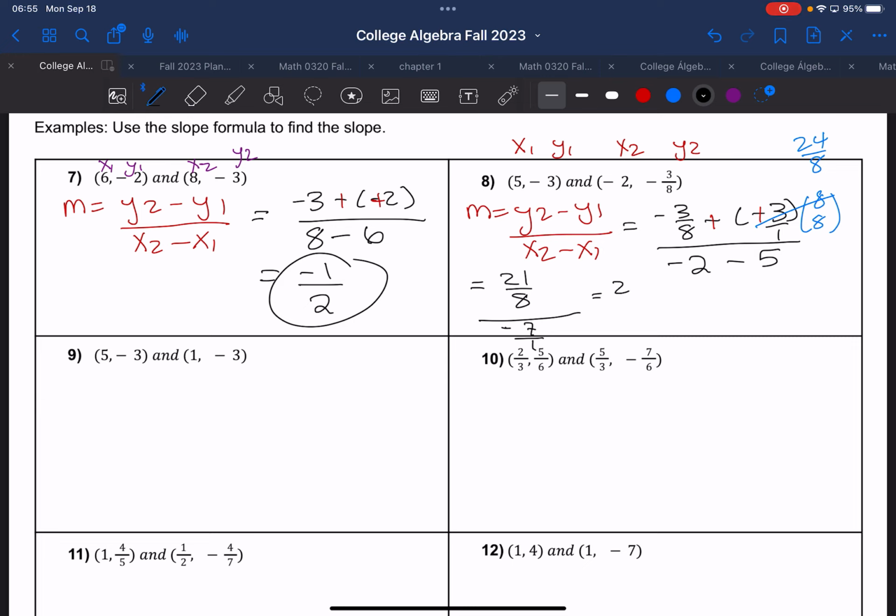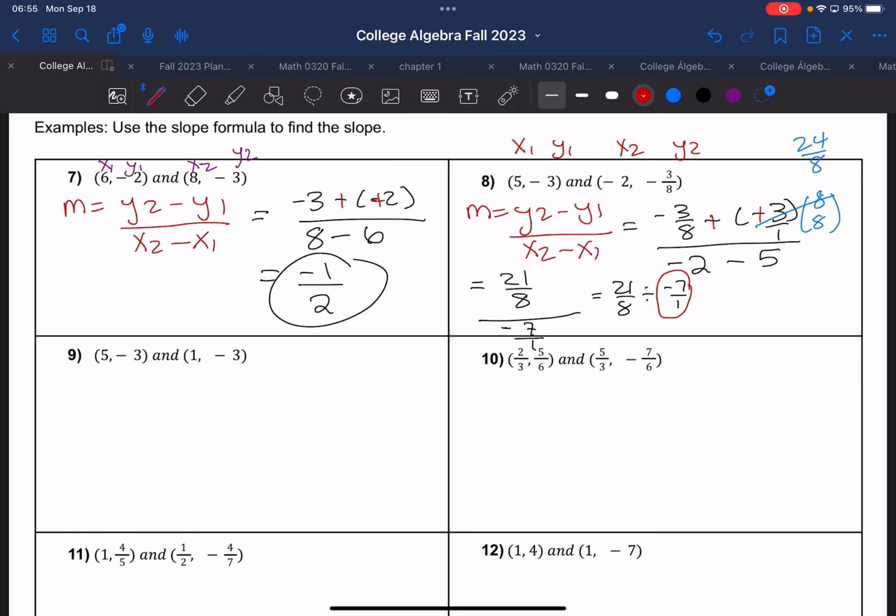So this is equal to 21 over 8 divided by negative 7 over 1. When we're dividing two fractions, we multiply by the reciprocal. What's the reciprocal of negative 7 over 1? 1 over negative 7.